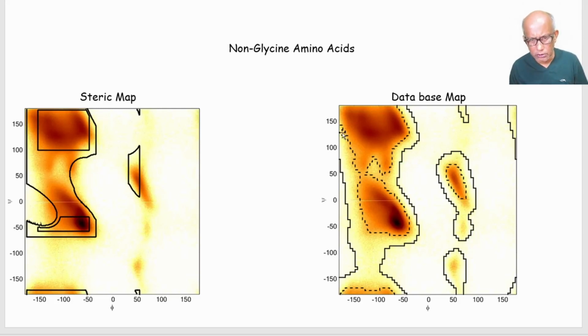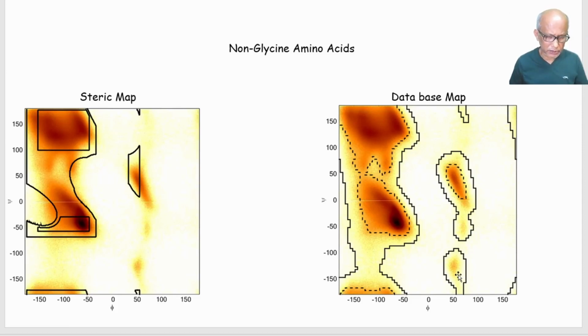So the dashed contour gives you a 90% probability that an amino acid conformation will be within it, while the solid contour gives you a 99% probability that an amino acid conformation will be within it. If you compare these two, by and large they look similar, excepting that these extra regions are now incorporated in my database map.